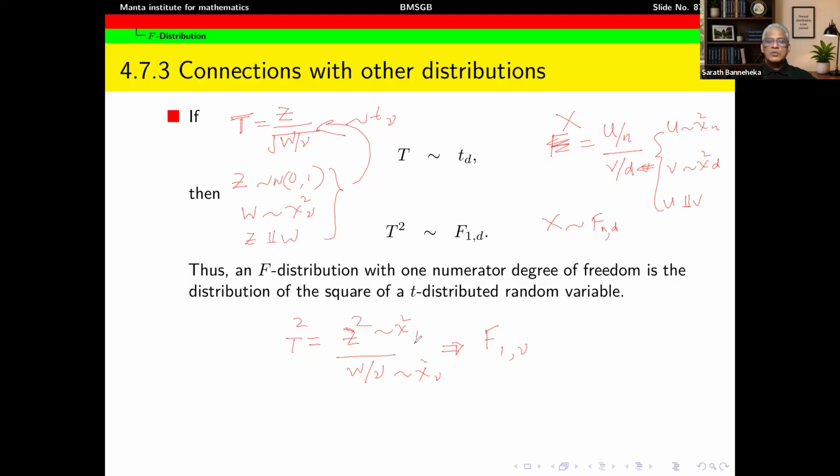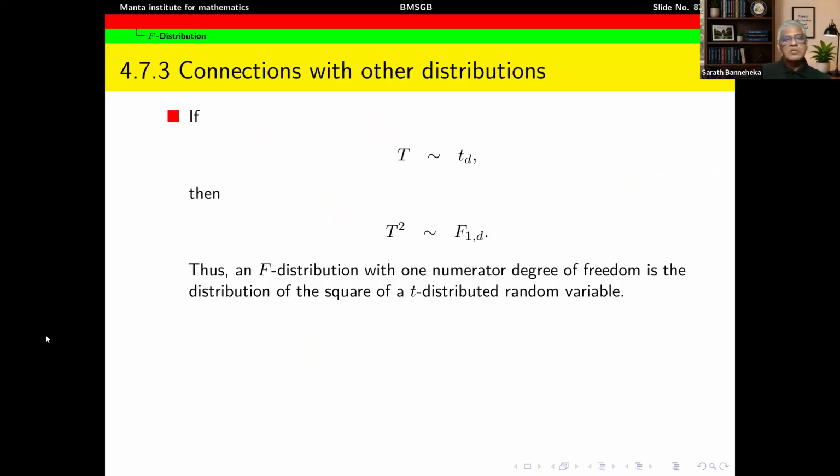If the second term has D degrees of freedom, it will have a chi-square D distribution, and therefore T square will have an F1D distribution. So I think it's clear to you now why T square has an F1 distribution.